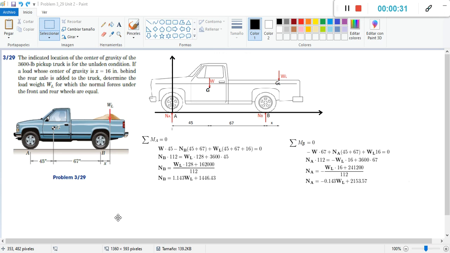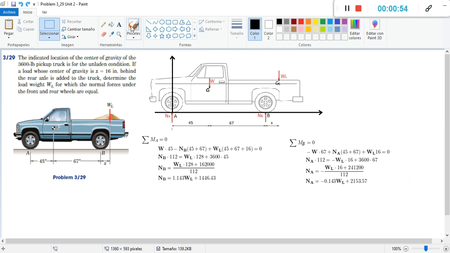We have two unknowns in this problem. The first thing we need to say is that the problem asks us to find the load weight for which the normal forces are equal.